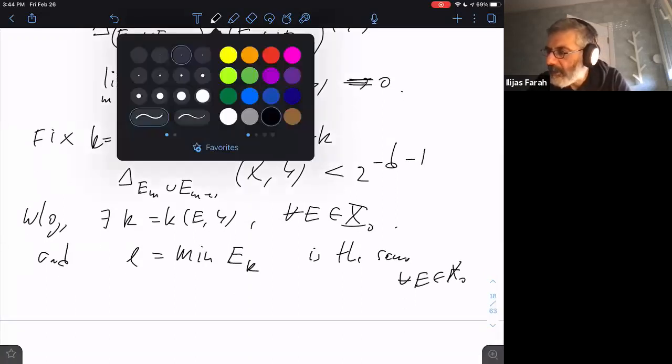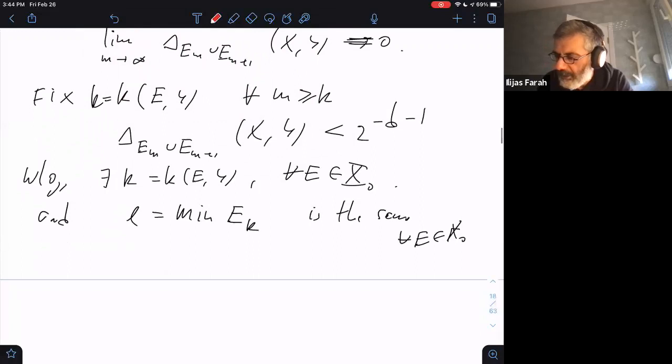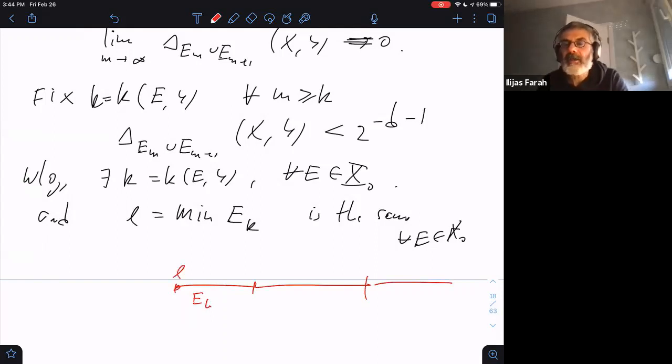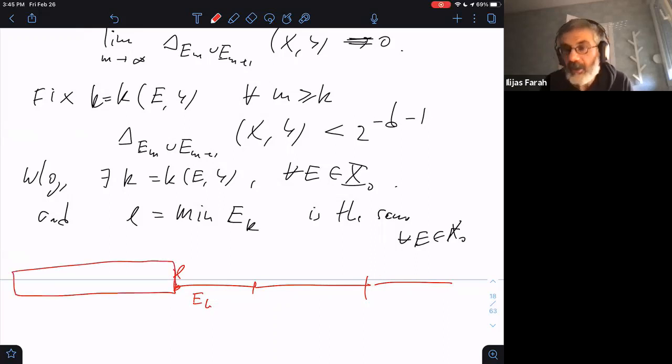So maybe I should draw a picture here. Basically, here is this EK, and we don't know what happens after that, but from this point on, we have that delta is small. Now, what happens up to this point? We have some finite number of coordinates, and again, we are in a compact metric space.